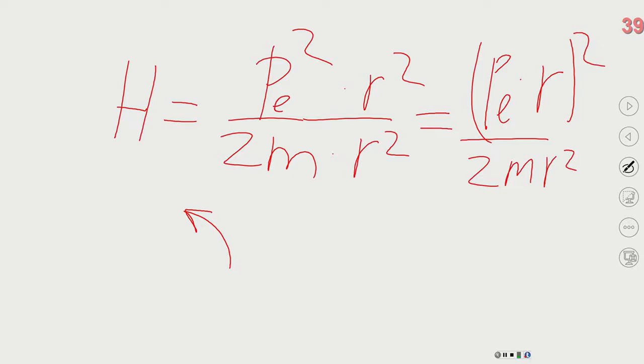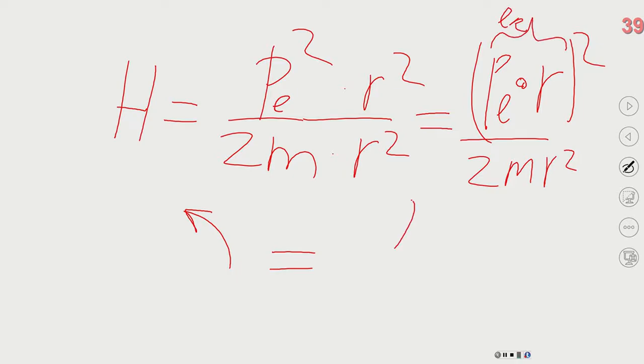Now, next step. How did we recently define product of distance times momentum along this curvilinear arc length? Yes.